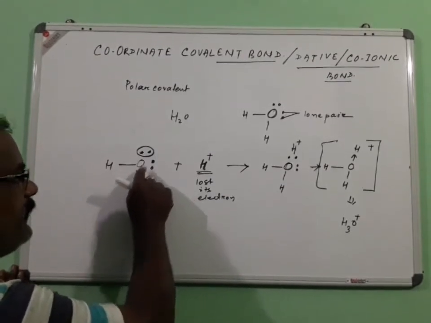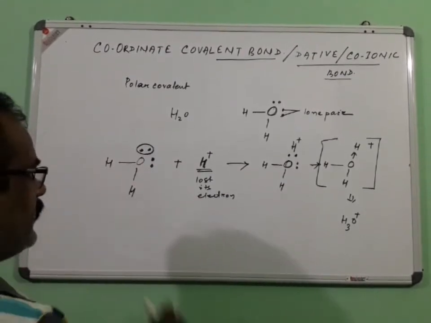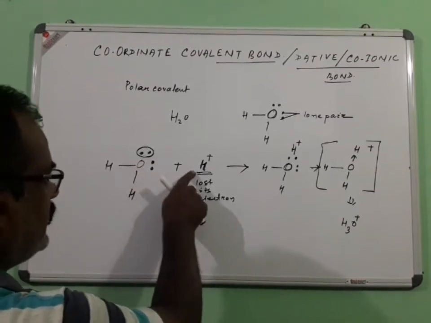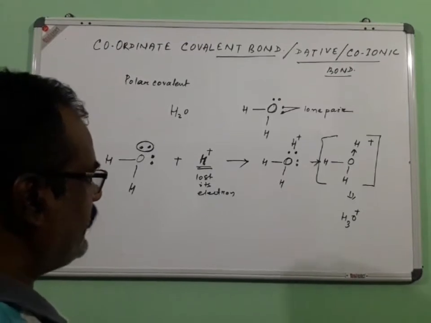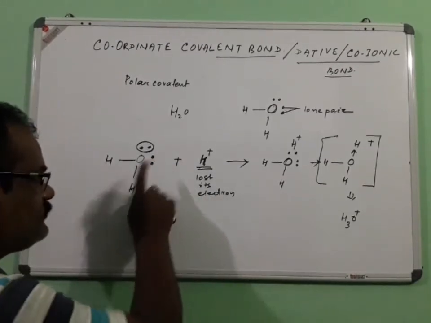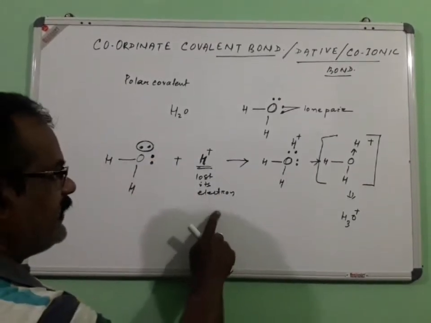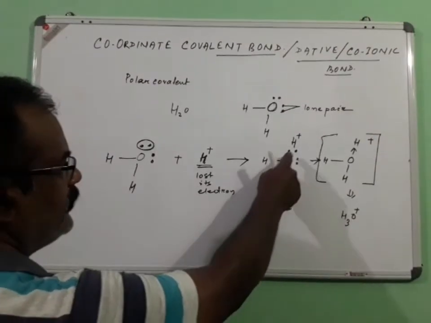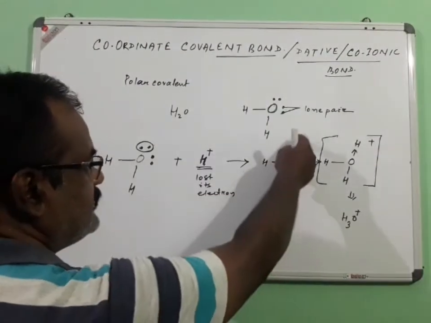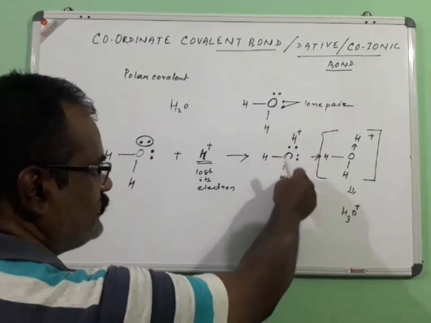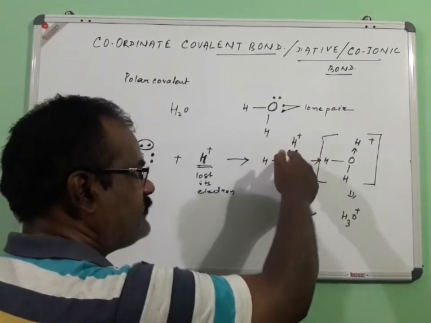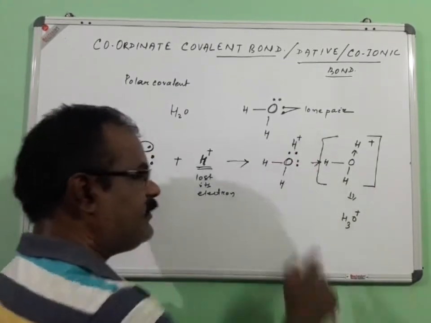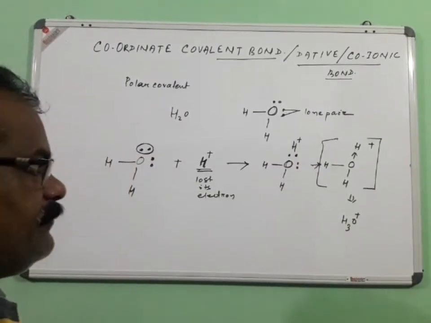So these lone pairs can be shared with that hydrogen ion, or in some cases any other ions that come in contact, such that it appears as if the pair of electrons is shared between hydrogen and oxygen, although it is provided by oxygen itself.